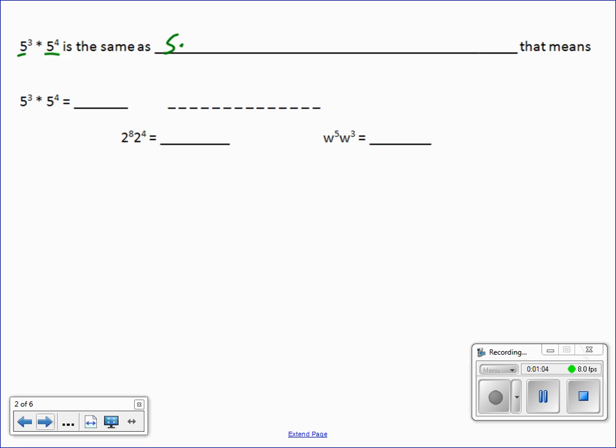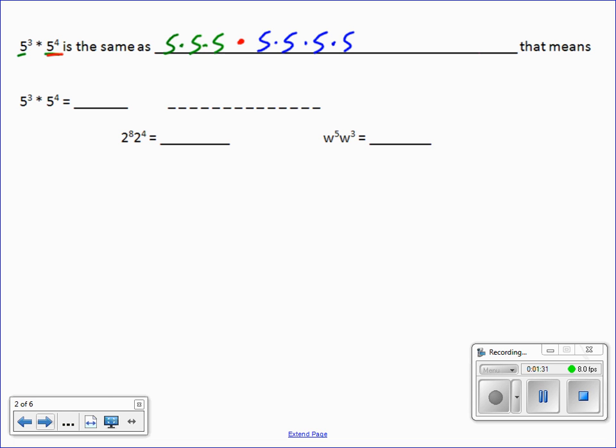That is the same as 5 to the 3rd, 5 times 5 times 5, times 5 to the 4th, 5 times 5 times 5 times 5.